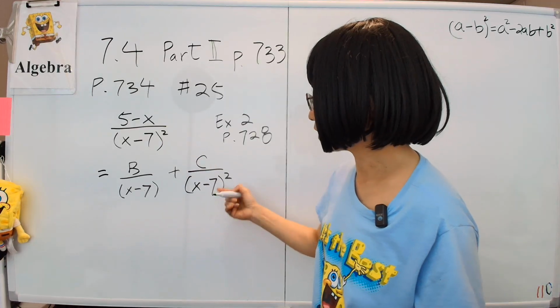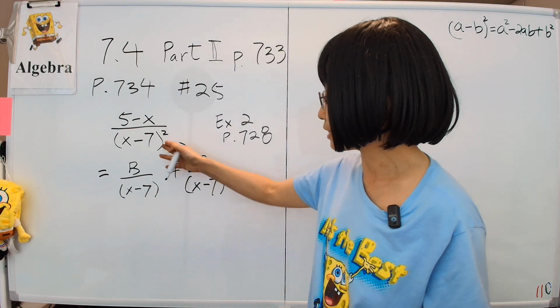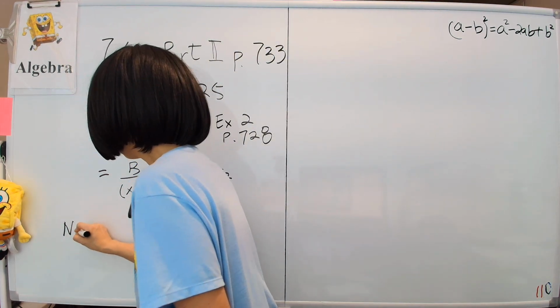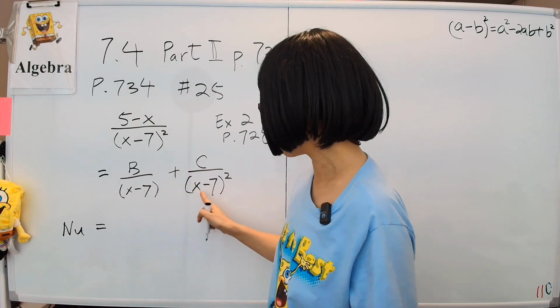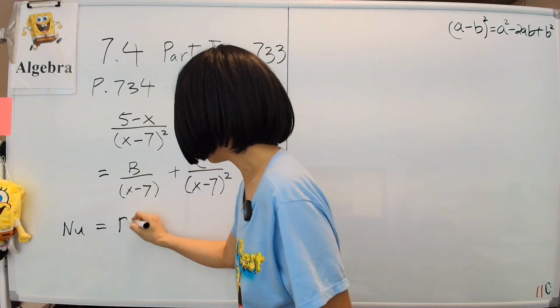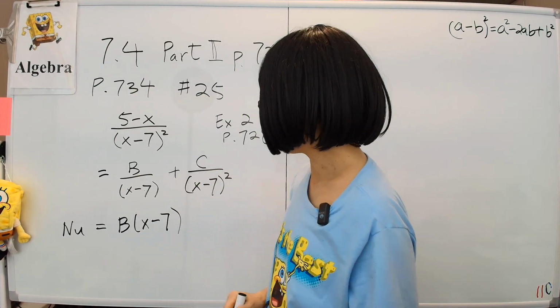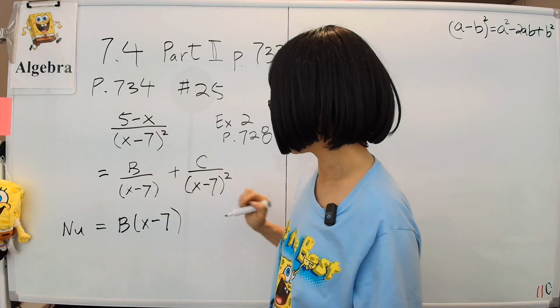Having said that, for this thing to add up to be that, the numerator will have to multiply by x minus 7. So we have b times x minus 7, and then c doesn't have to do anything because c already has the common denominator, which is x minus 7.